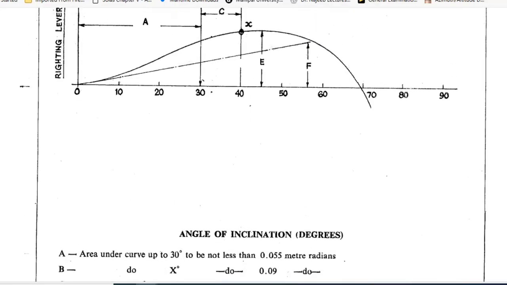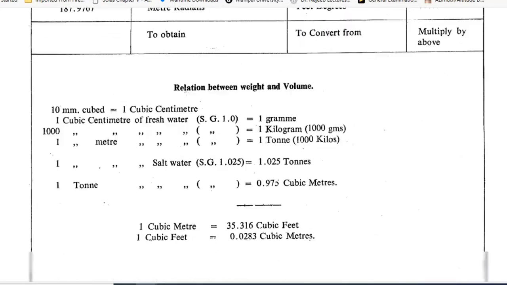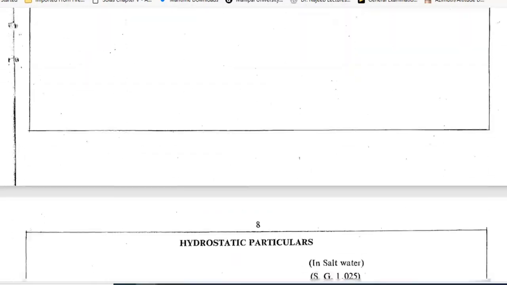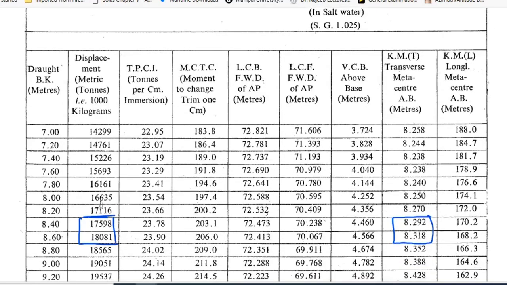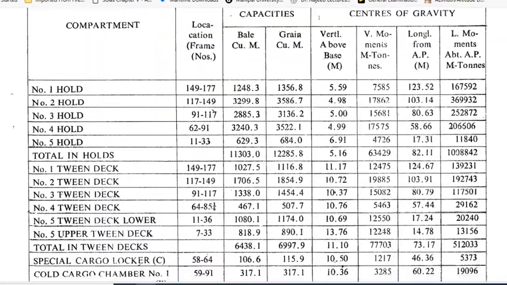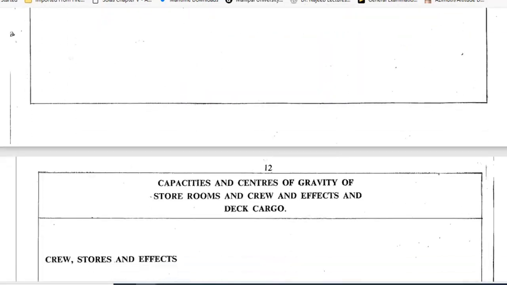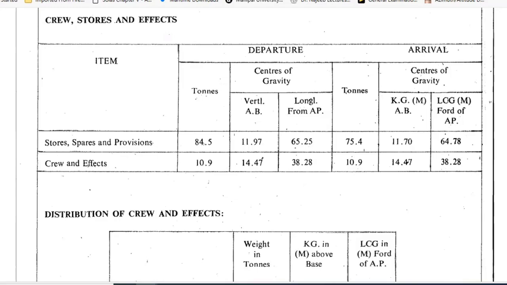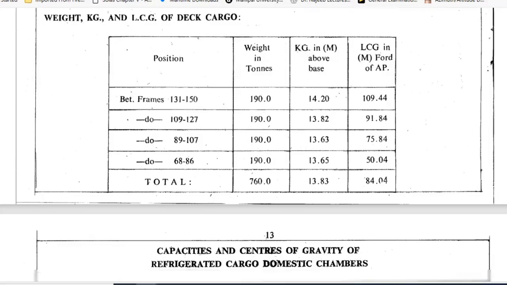And metric conversion, no need. Nowadays, you have the calculator. Hydrostatic particulars, you have been using it. I think some pages are not scanning, so can't help it. And capacities, tanks, these are the spaces.